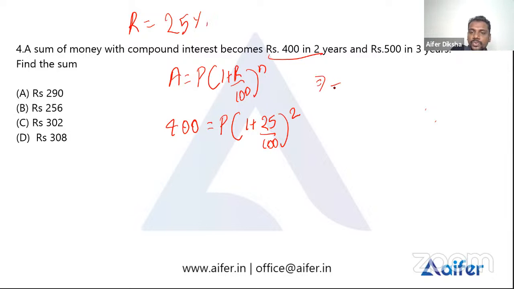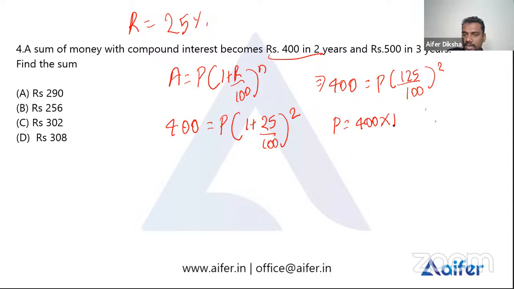That gives you 400 is equal to P into 125 by 100 all squared. That gives you P equal to 400 into 100 into 100 by 125 into 125.